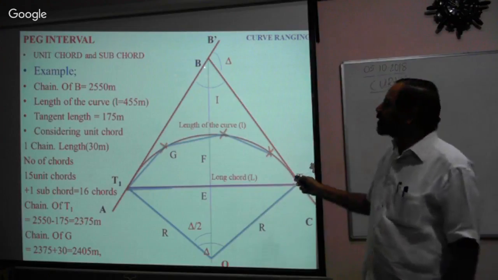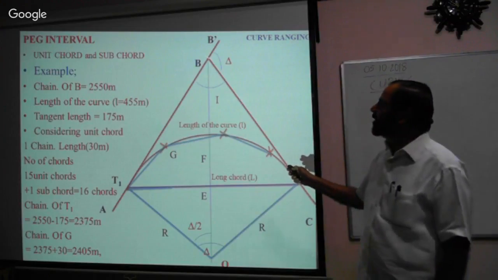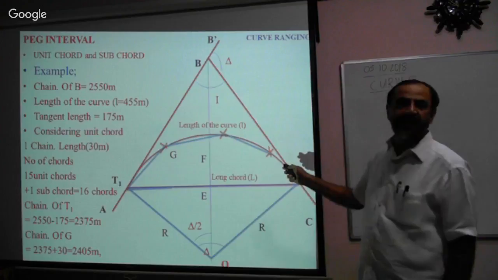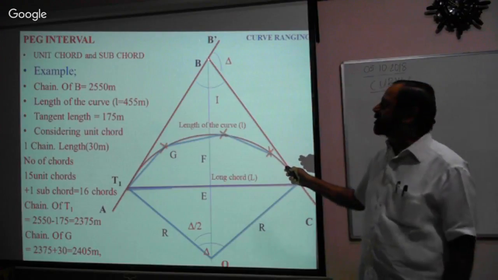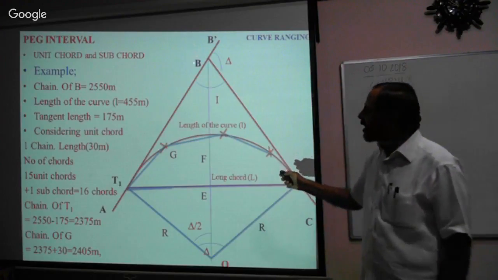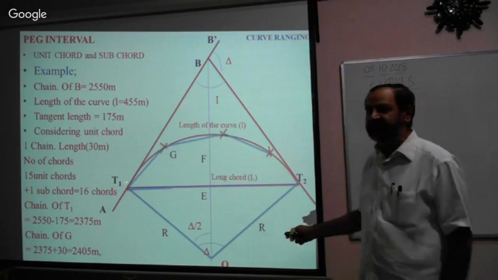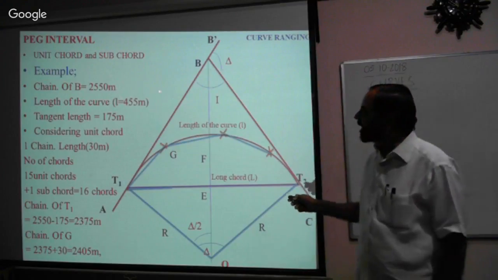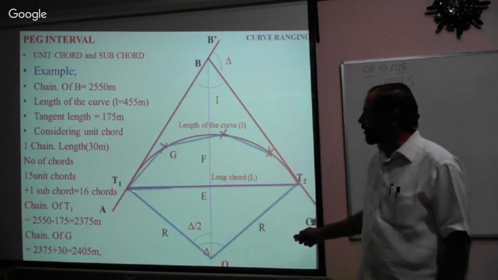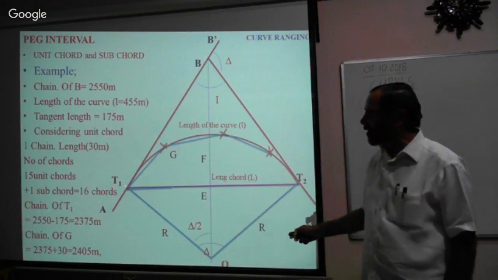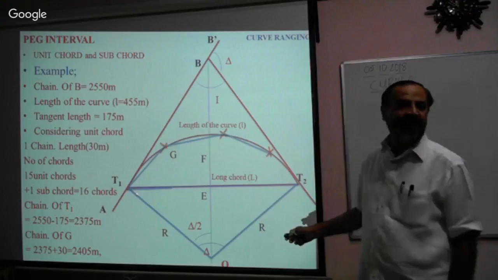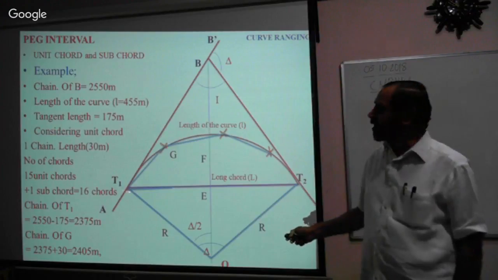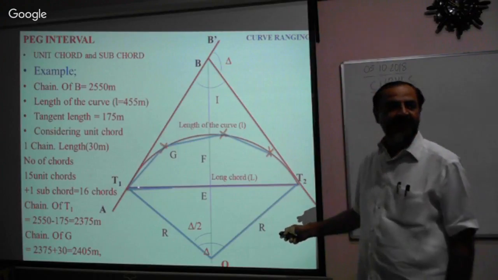We reached 2,550 meters, the chainage of the intersection point. Then calculate the length of this tangent and deduct the tangent length. Then we will get the chainage of T1.